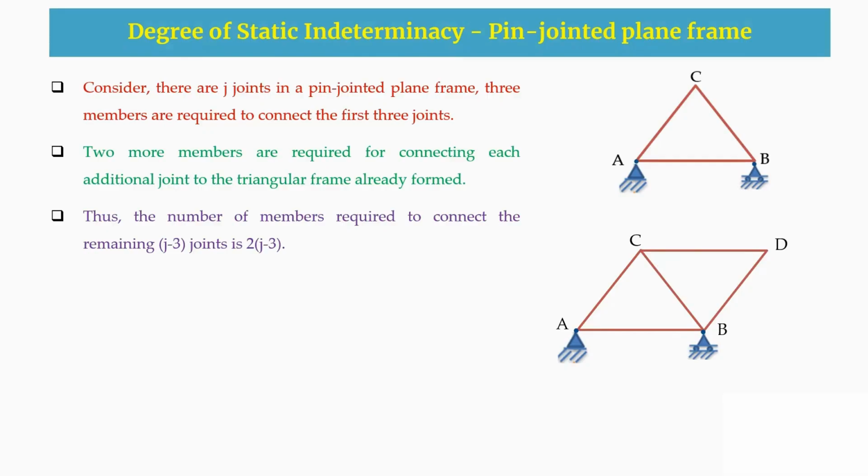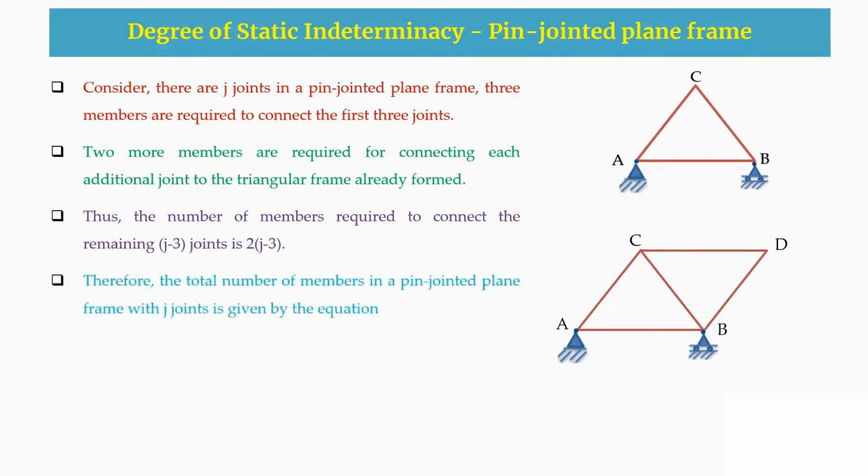Therefore, the total number of members in this pin jointed plane frame will be given by m is equal to 2 into j minus 3 plus 3. Here plus 3 is nothing but the already formed members.